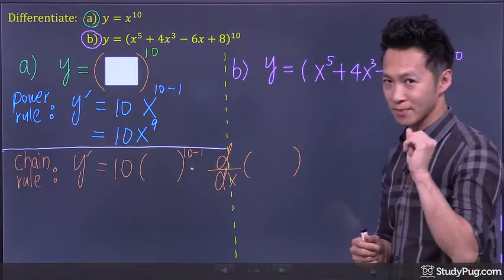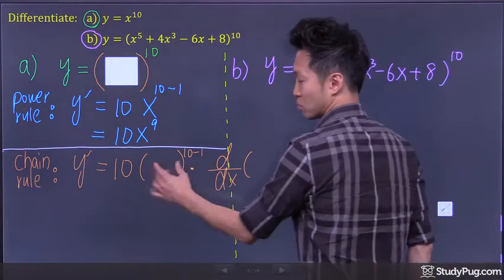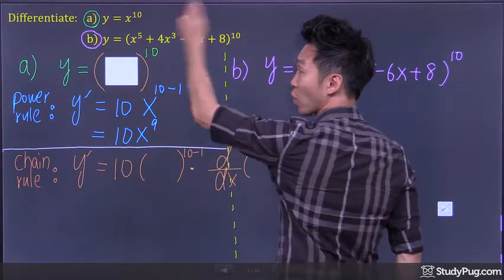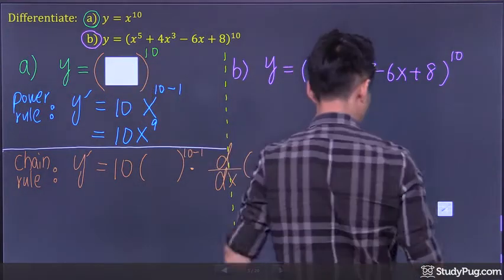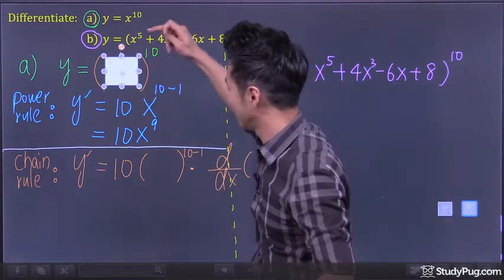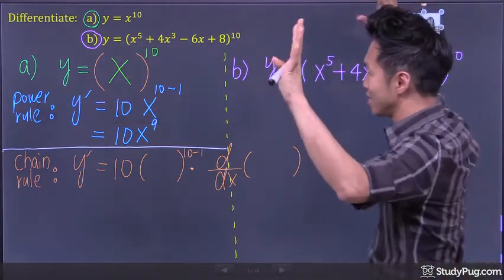Cool. Now, guys, I have to determine what is that thing inside the bracket, right? So I'm going to remove the block, and I'm about to reveal what's inside the bracket. Okay? Cool. Are you guys ready? Let's go. Move this away. Ta-da!